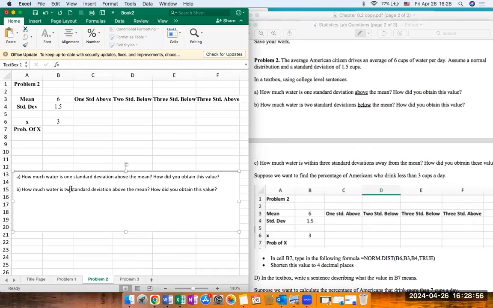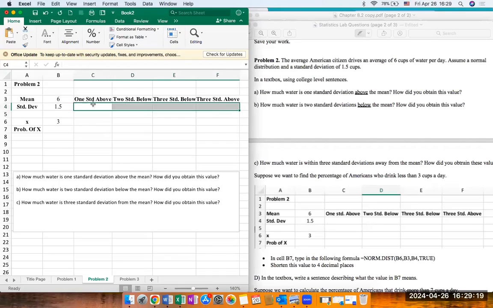We said 2 below the mean. And see how much water is 3 standard deviations from the mean. Okay, so those are yours.